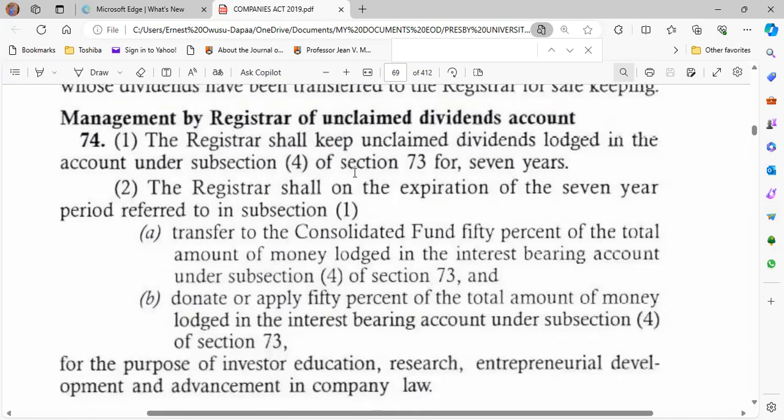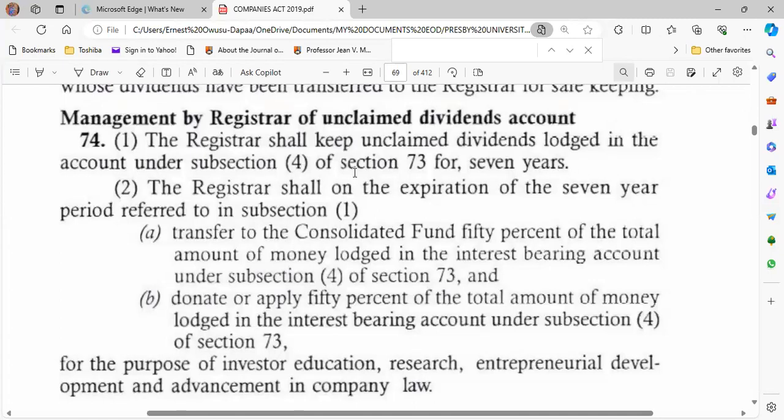So after doing this for 7 years, if nobody still comes forward to claim, then section 74 is saying that the monies being kept by the registrar should be split into 2. That is 50%.